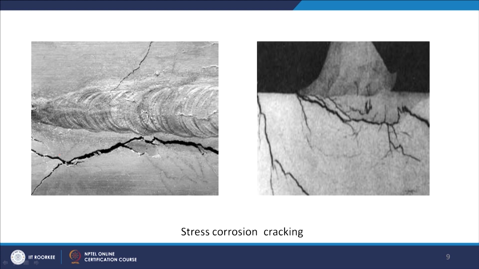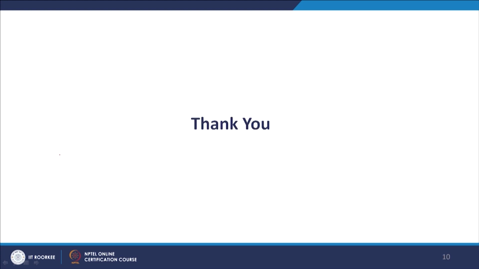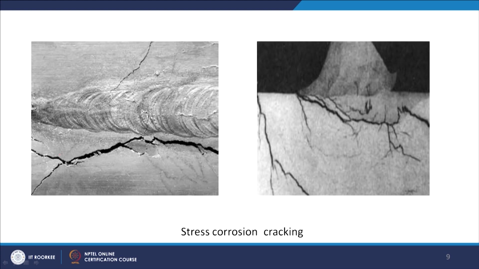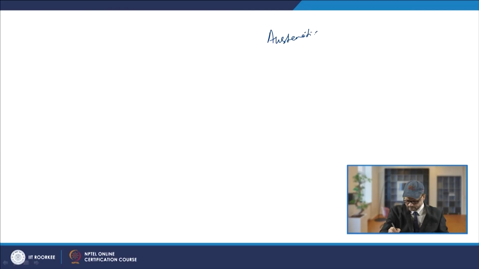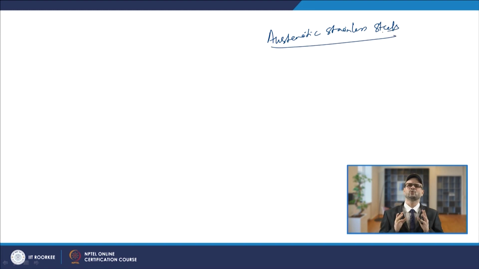Now, in the case of the stress corrosion cracking of austenitic stainless steels, these materials have low thermal conductivity and a high thermal expansion coefficient.